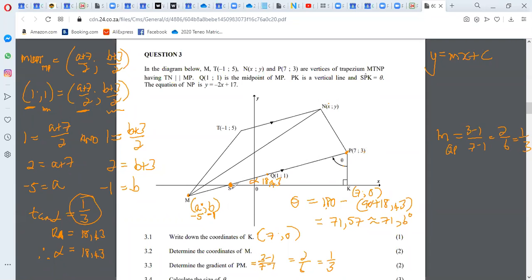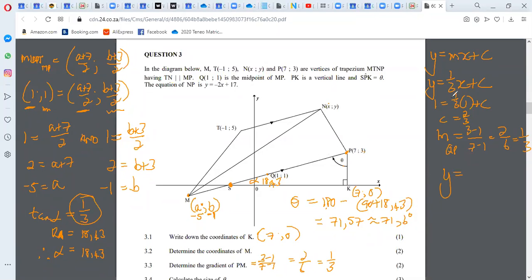And now you're going to substitute it into m for the line. So y equals a third x plus c. And then we use one of the points on that line. I would use 1, 1 because the numbers are nice and small. Right, so if we find c, it'll be 1 minus a third, which is 2/3.